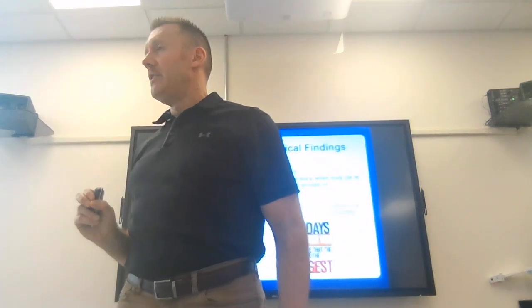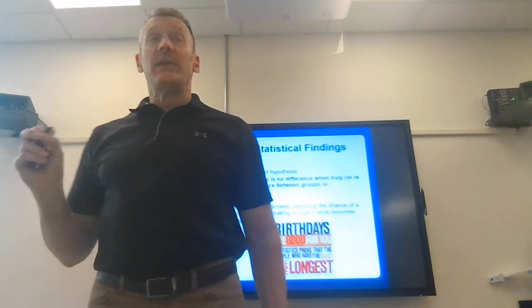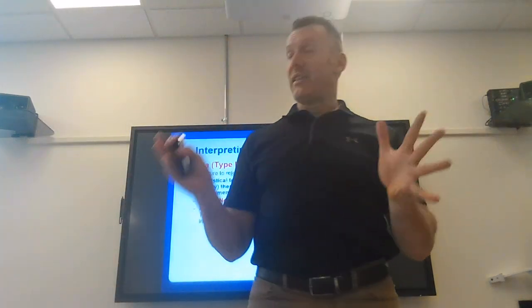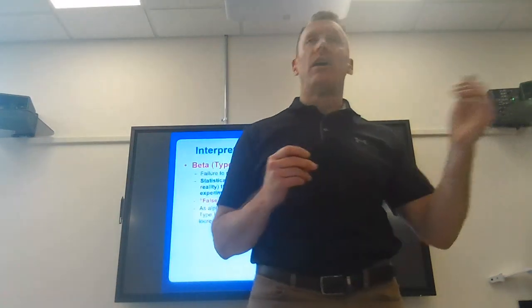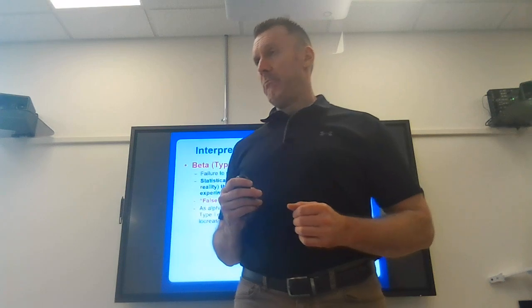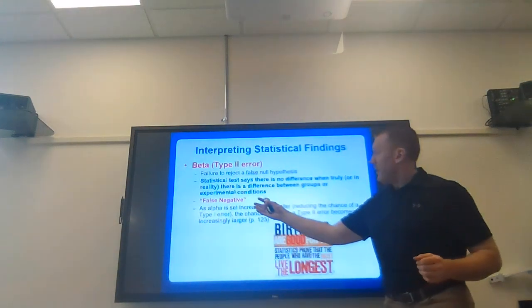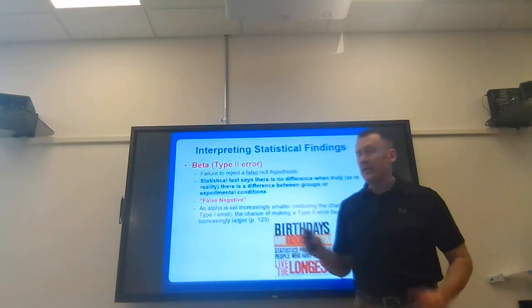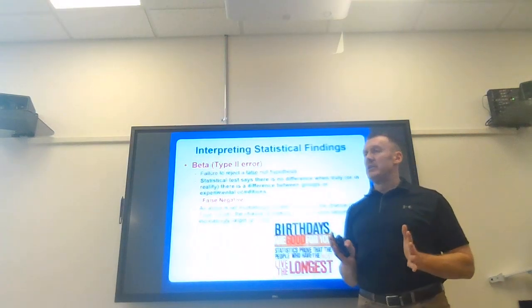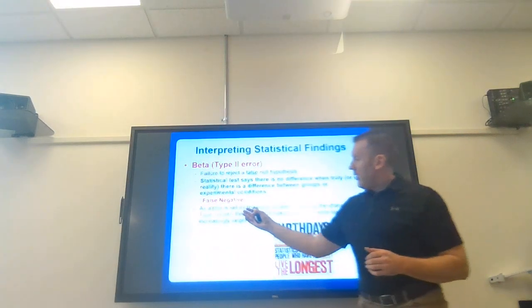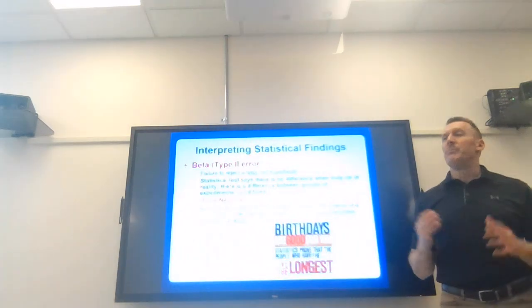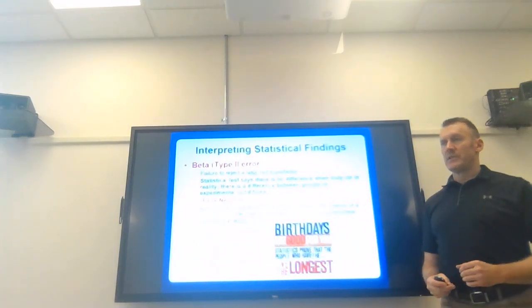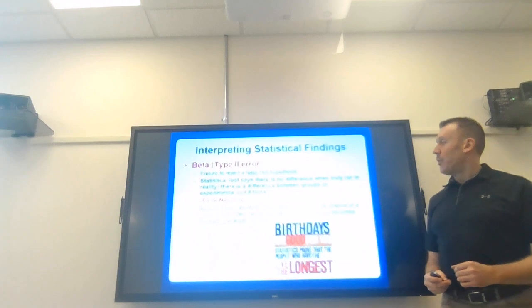But if we're really strict like that, what could we be missing? We could be missing actual differences that are meaningful. So as alpha becomes increasingly strict, we have a greater chance of making a type 2 error where we miss meaningful differences.